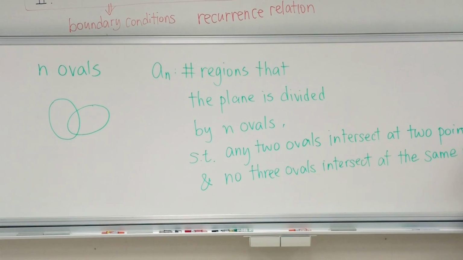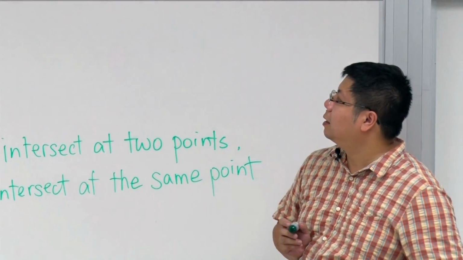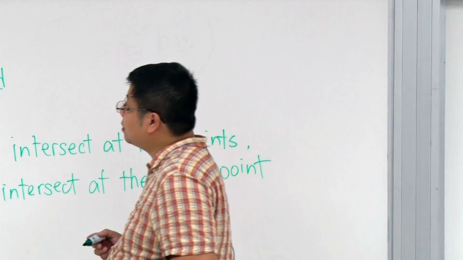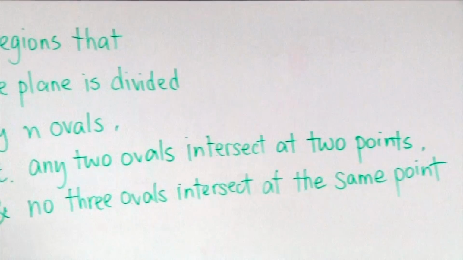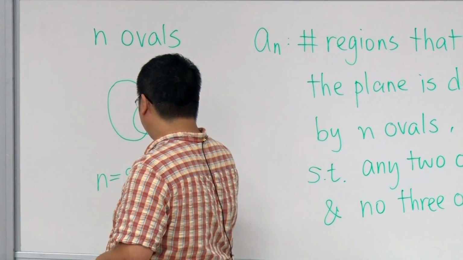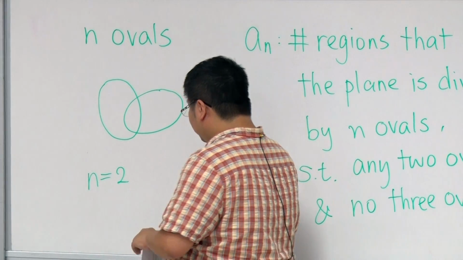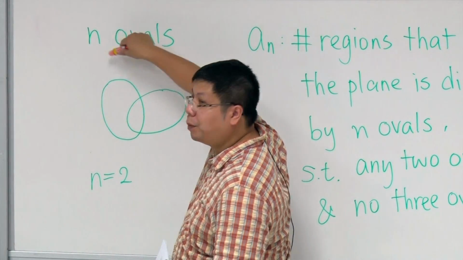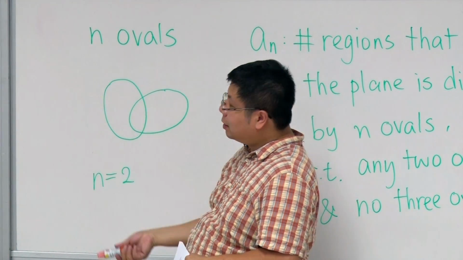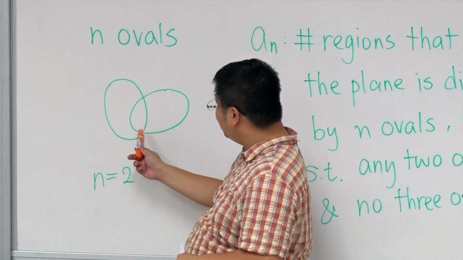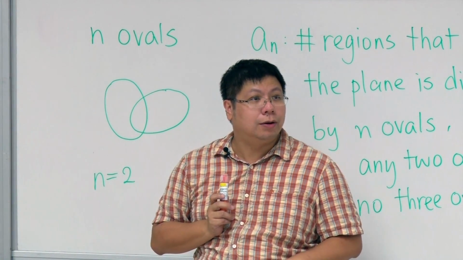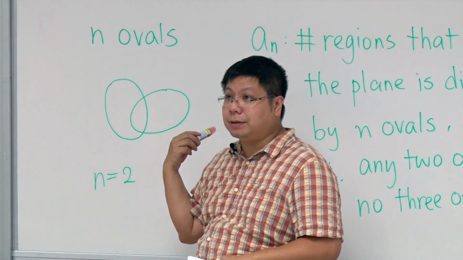Let's figure out what this means. Let's say this is the case of n equal to 2. We have oval 1 and oval 2, and these two ovals intersect at this one point and the second point. It fits.